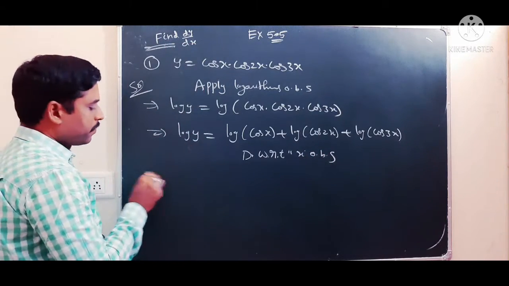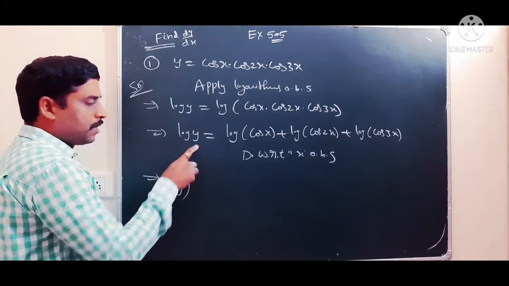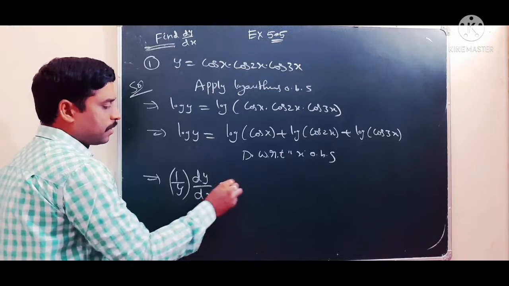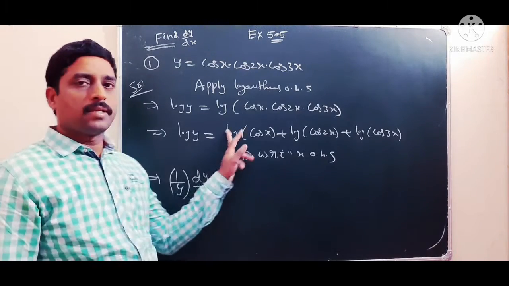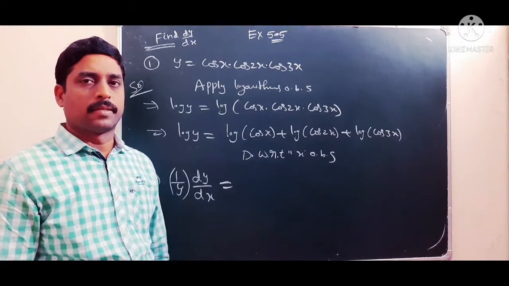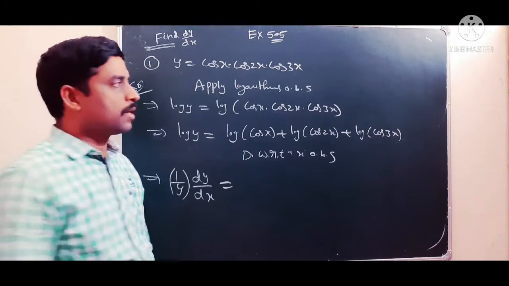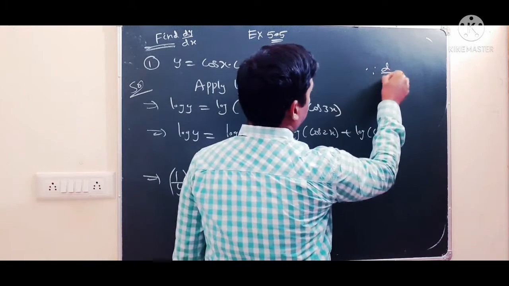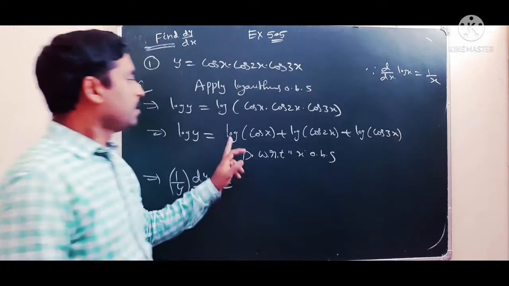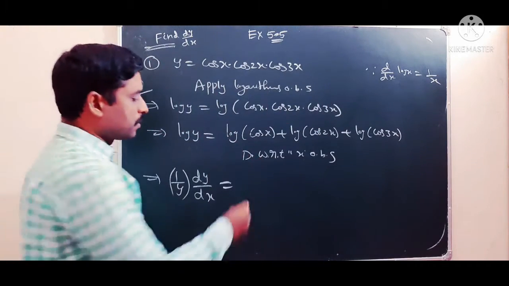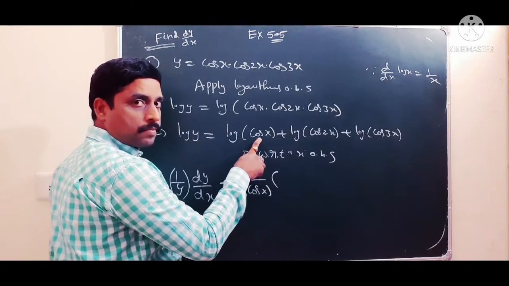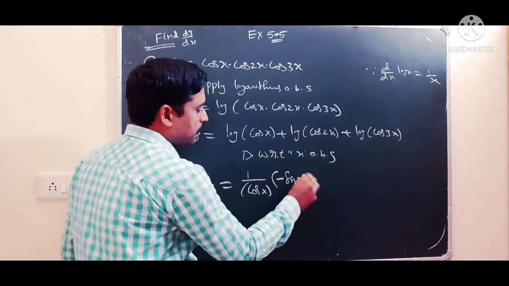Differentiation of log y is 1 by y into dy by dx. This is equal to the differentiation of log cos x. Using the formula, the differentiation of log x is equal to 1 by x, so the differentiation of log cos x is 1 by cos x into, by using the chain rule, the differentiation of cos x, which is minus sin x.